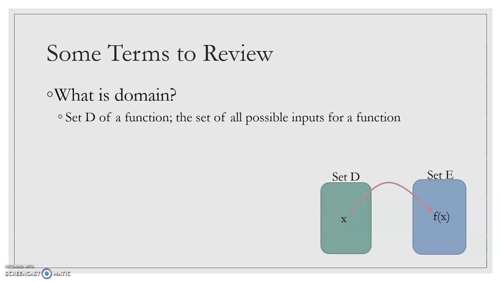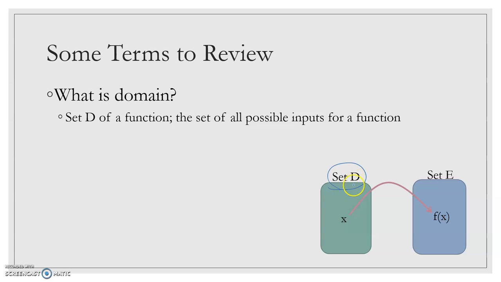So the domain is known as set D of this function. It's the set of all possible inputs for a function. What that means is anything that is in this box over here is part of the domain. It's the inputs of the function.